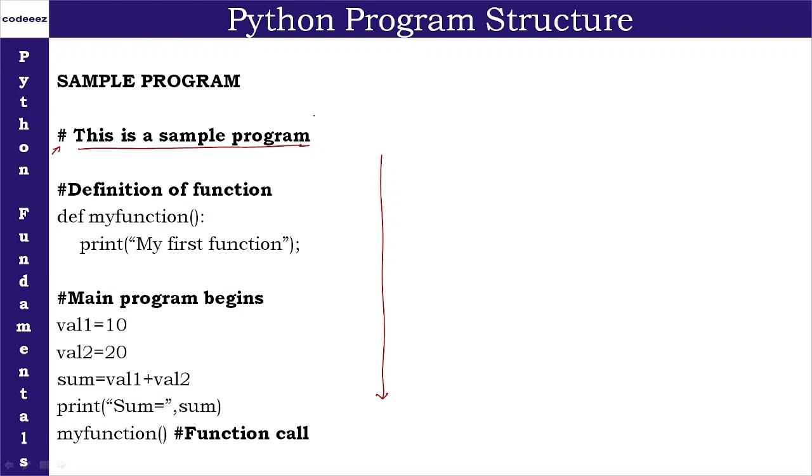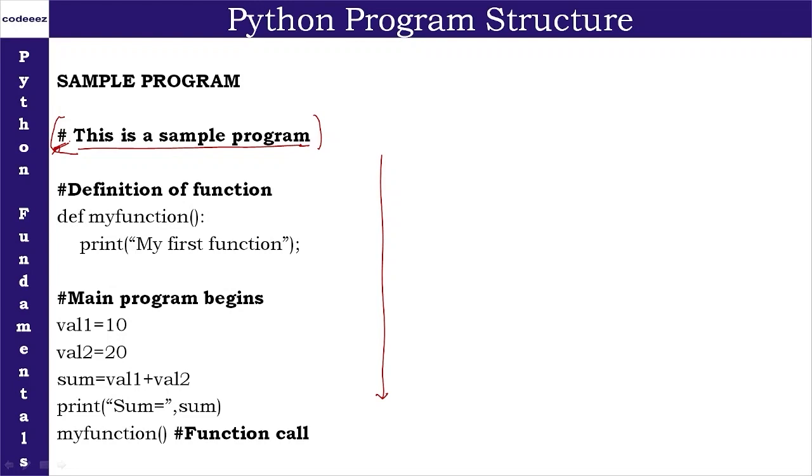This line started with a hashtag symbol, so it is not a part of the solution of your program. It will be hidden from the interpreter, and the interpreter won't interpret it, right?